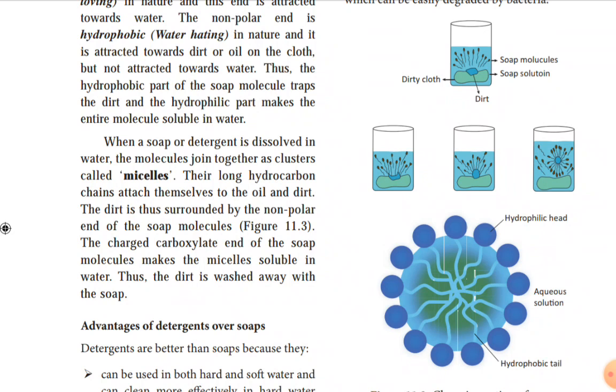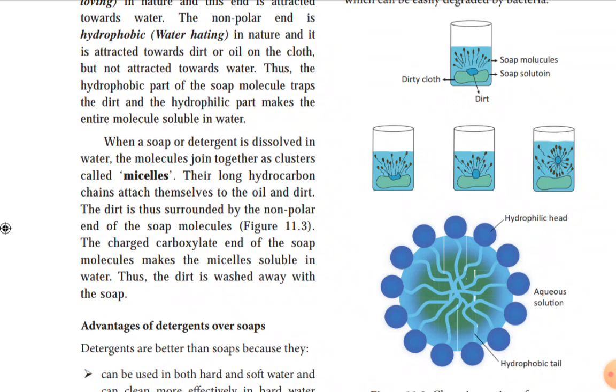So the dirt is surrounded by the non-polar end of the soap molecule. Then the charged carboxylate group of the soap, that is the polar end, makes the micelles soluble in water.